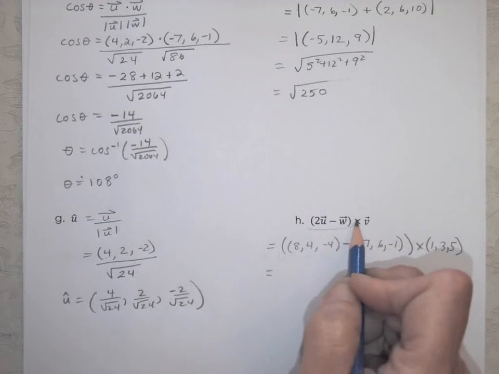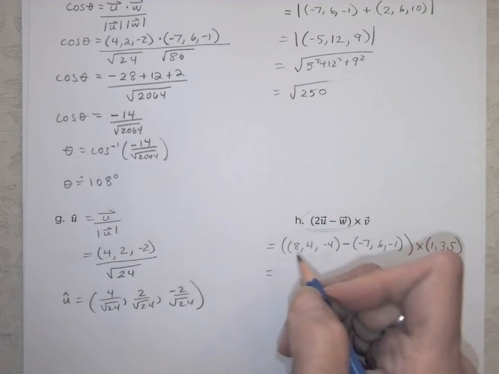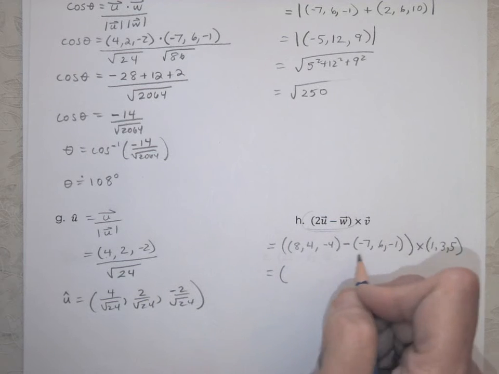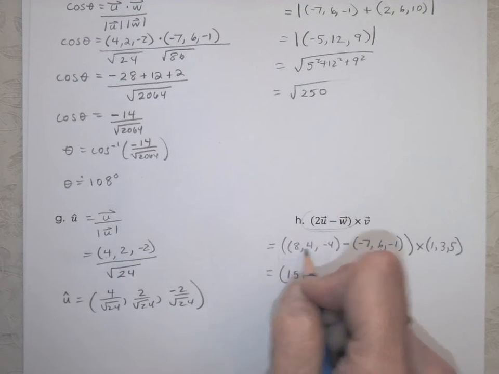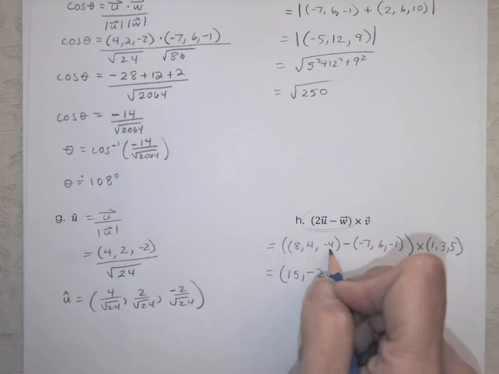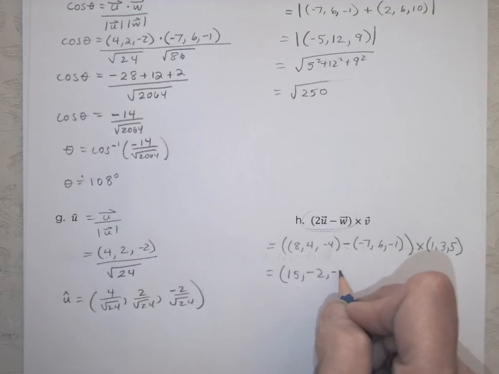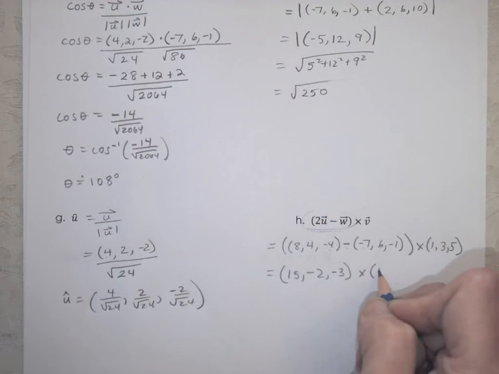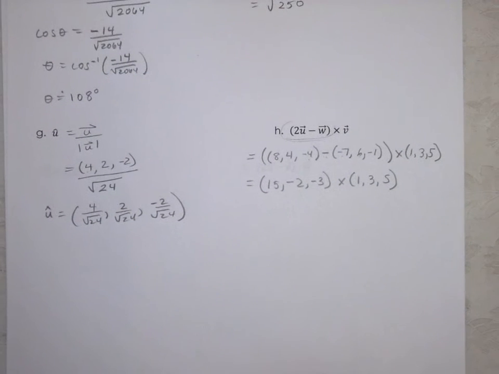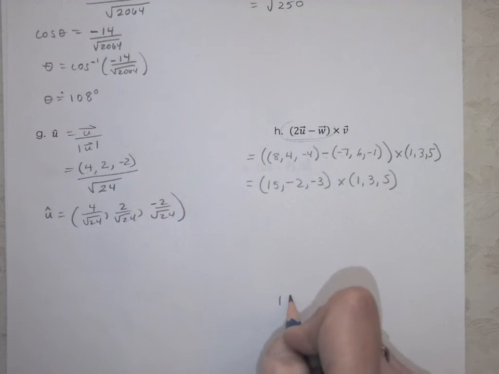And I'm doing this part first because of the brackets. So then I have vector 15, 8 minus negative 7, 4 minus 6, negative 4 minus negative 1, crossed with 1, 3, 5.